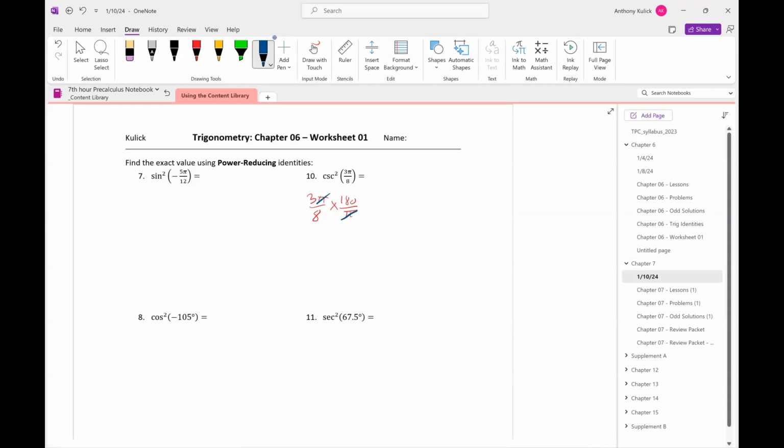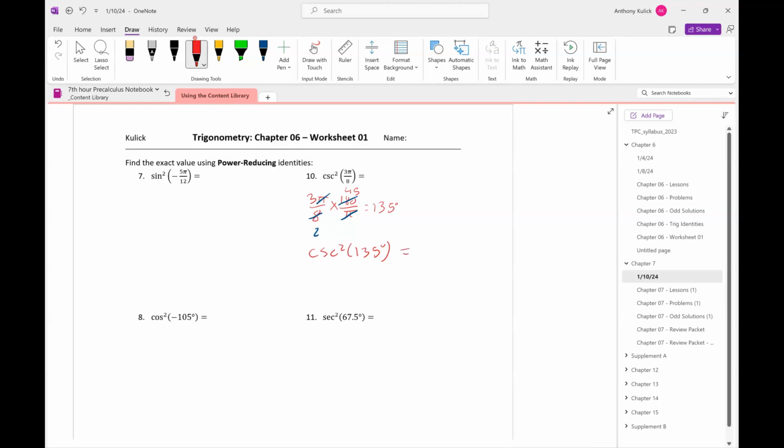So the pi's cancel. 8 goes into 180 4 times. 180 divided by 2 is 90, divided by 2 again is 45. 45 times 3 is 135. And now if I go and look at my power reducing identities, I don't have one for cosecant.